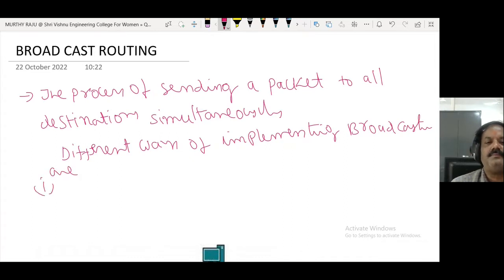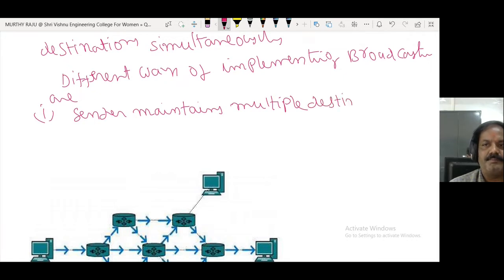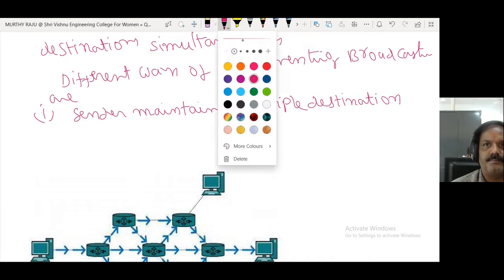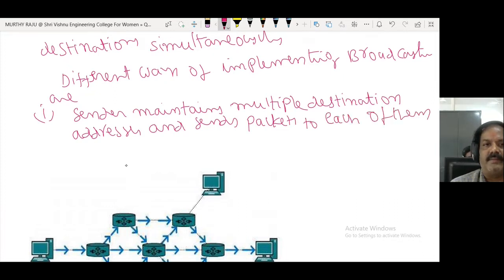First one: the sender maintains multiple destination addresses and sends packets to each of them simultaneously.